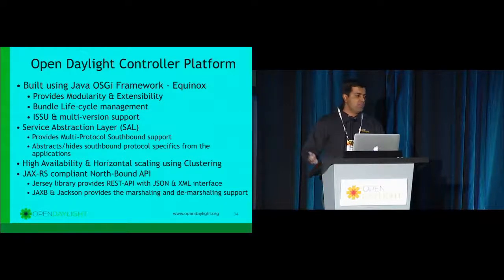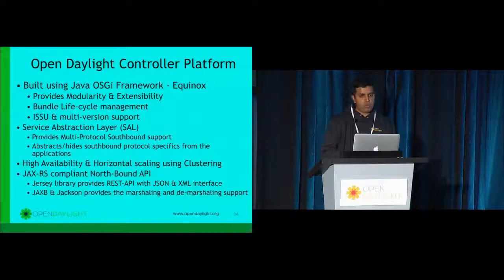There are many other frameworks out there, but we use Equinox. Many questions were asked, why Equinox? It's because Equinox is the reference platform for OSGI. Any new specification for OSGI is implemented in Equinox and then carried over to any other implementation. So we thought it's better to use the reference platform. It has served us really well.